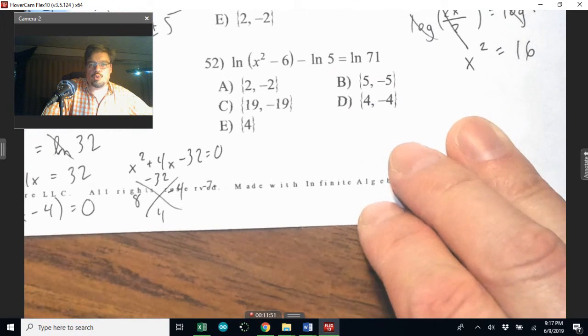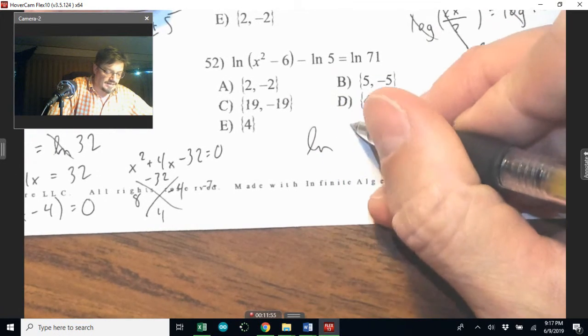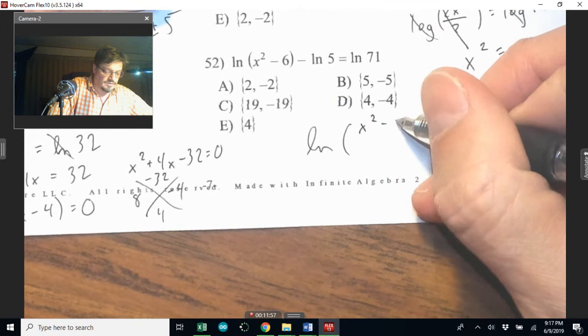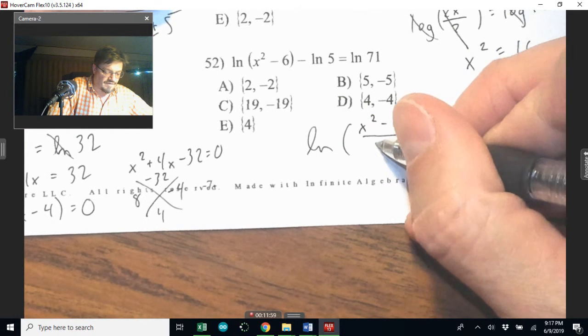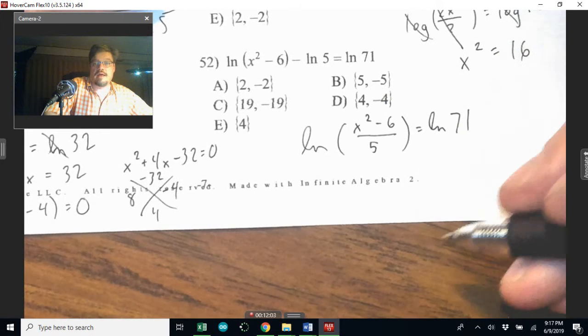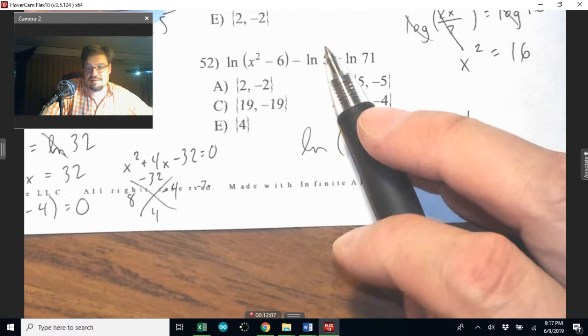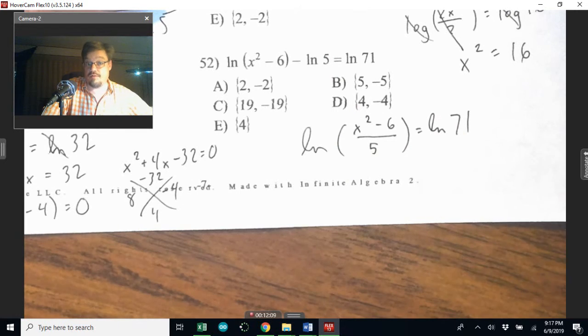All right, 52. So we're going to squeeze these guys together to get x squared minus 6 over 5 equals the ln of 71. Because this term here gets divided by the 5 because of the second rule, the quotient rule.